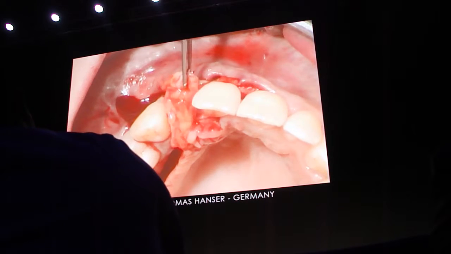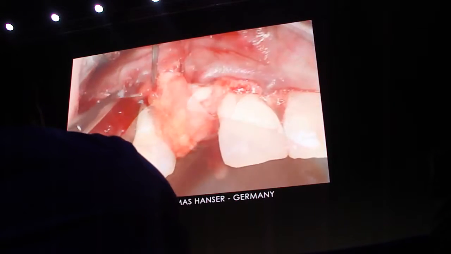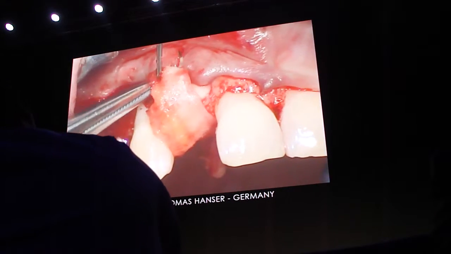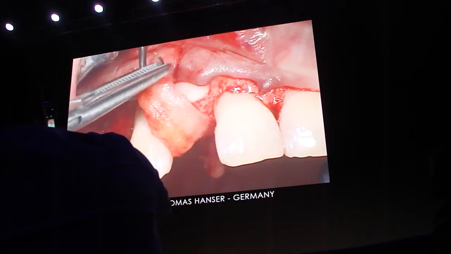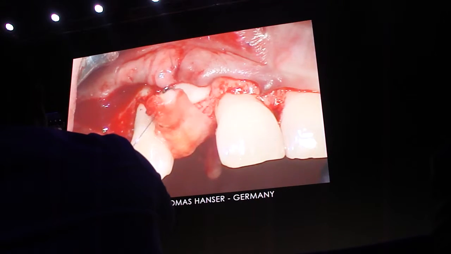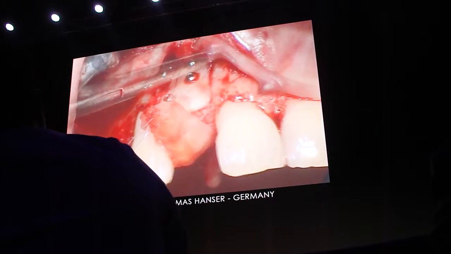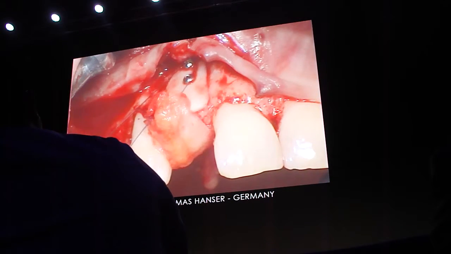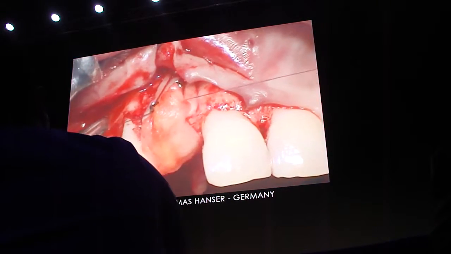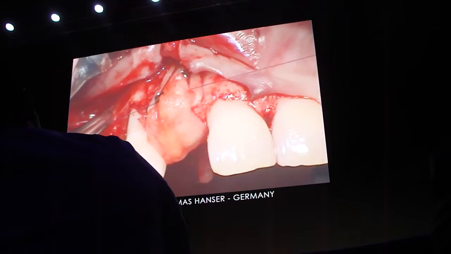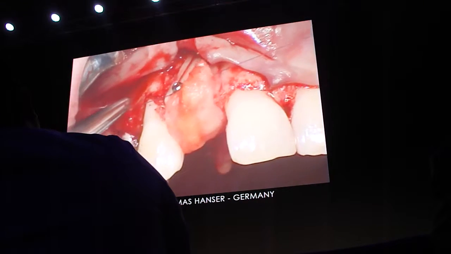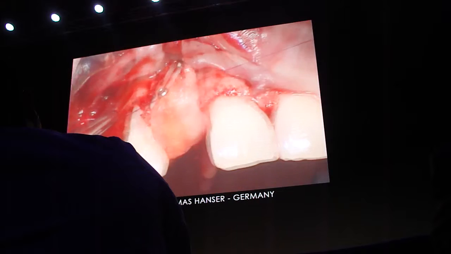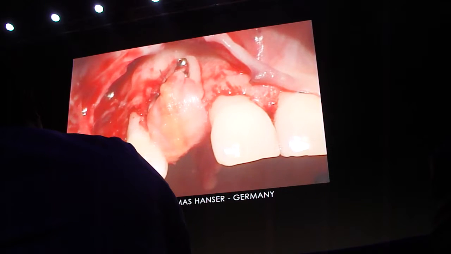But it's not only the blood supply which helps us to make it more predictable, it's also the fact that we can much better stabilize this tissue, which is essential for a proper integration of this soft tissue as well. So by using this flap, we are able to create a 2-layer closure, but we are also able to increase the soft tissue in 3 dimensions.